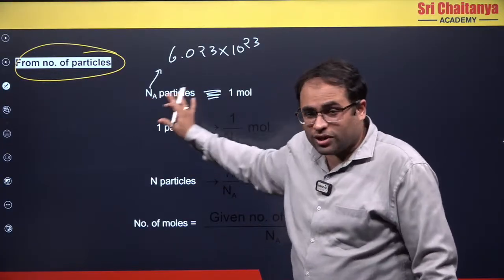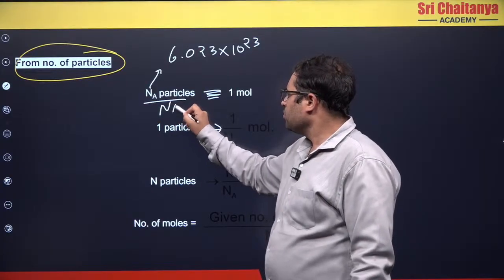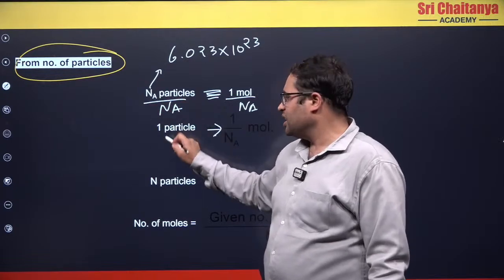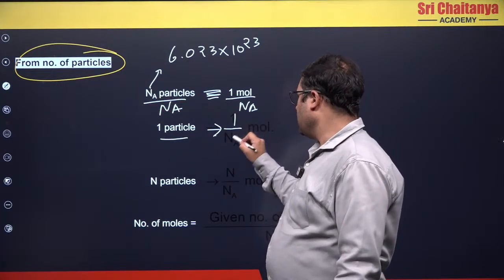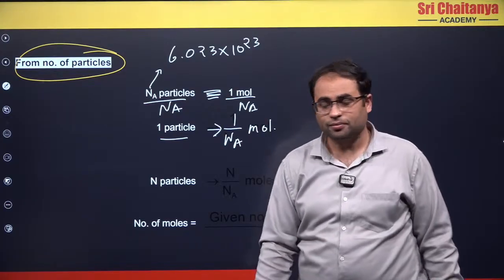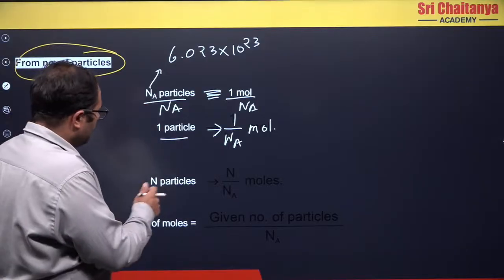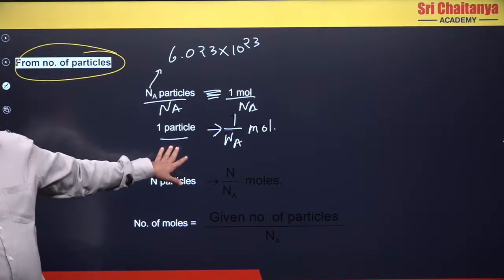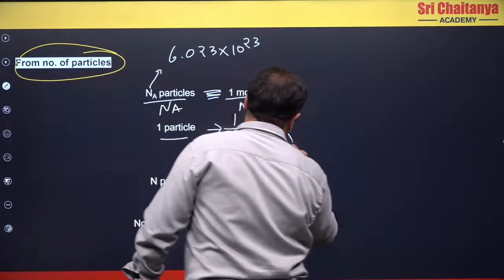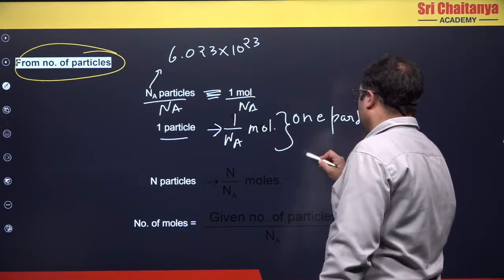So if I divide both sides by Na, this Na cancels out, this Na particles become 1 particle, right? And here you will get 1/Na mole. Correct? So 1 particle has these many moles.